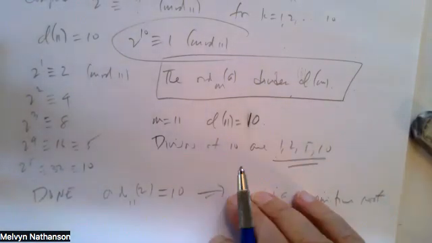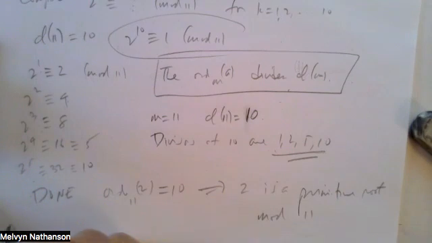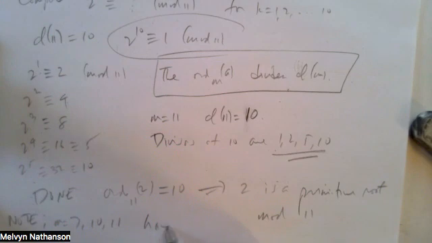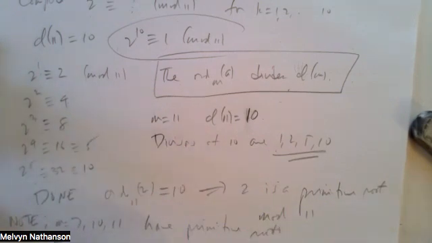So we've seen some numbers, 7, 10, and 11, have primitive roots. But when we looked at 8, there was no primitive root.